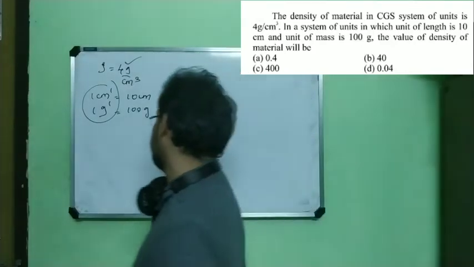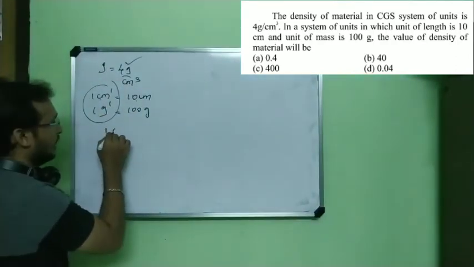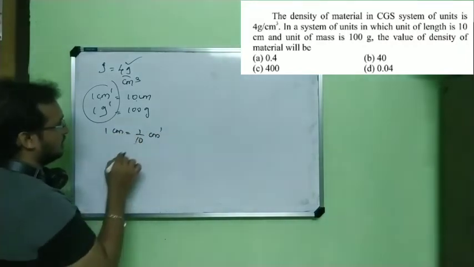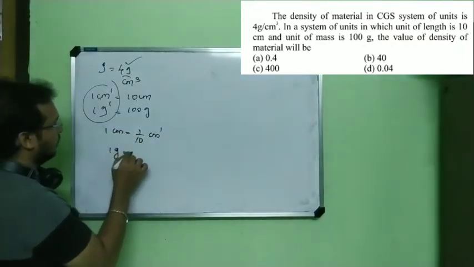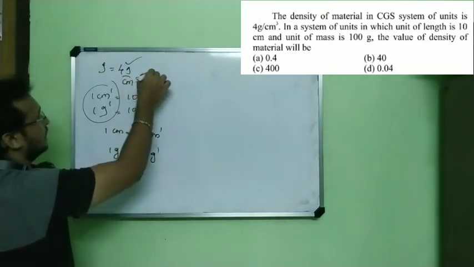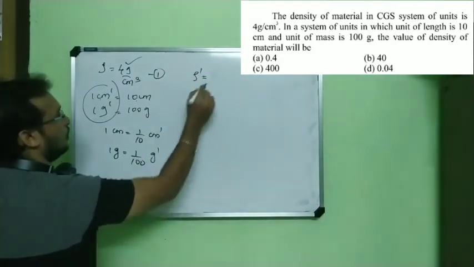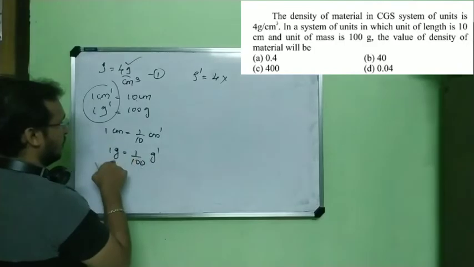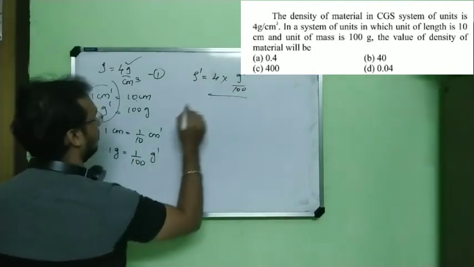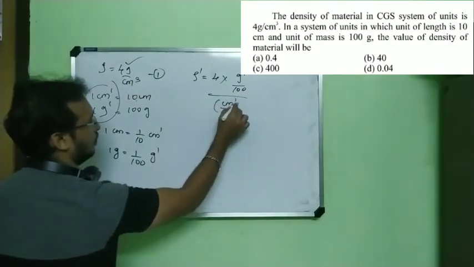Listen. If 10 centimeter equals 1 centimeter dash, then I can write 1 centimeter equals 1 by 10 centimeter dash, and 1 gram equals 1 by 100 g dash. Substituting, you will get rho dash equals 4 into g dash by 100, by centimeter dash by 10 whole cube.